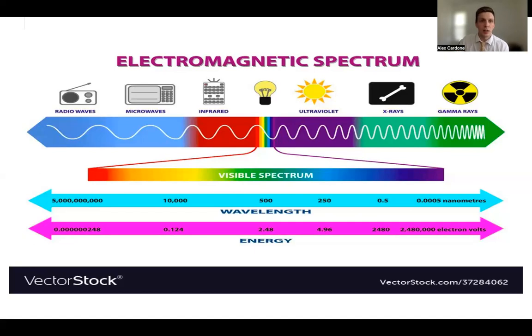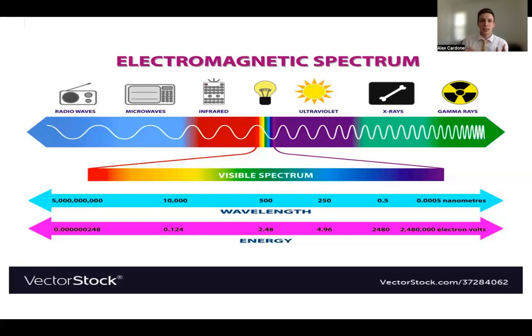If we start off over here with the leftmost column, our very first one is radio waves. Radio waves are the longest wave. That means they take the longest amount of time for an entire cycle to happen.